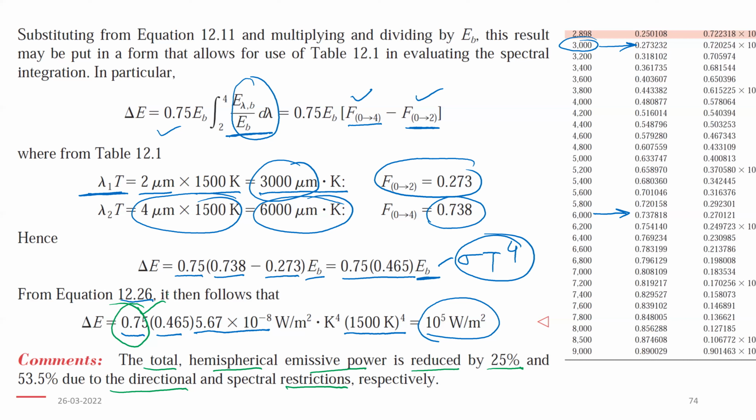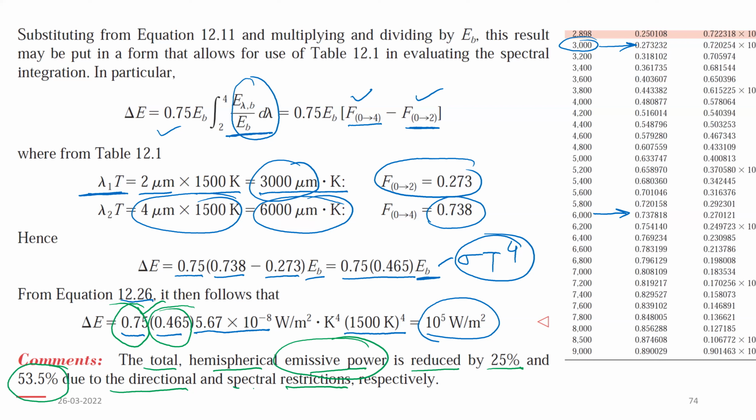Similarly, when we calculate this fraction, it is 0.465, and this is because we are taking a particular range only of the emission, between 2 micron meter to 4 micron meter, and because of that the emissive power is reduced by a factor of 53.5%.